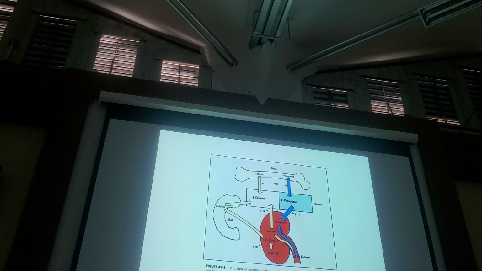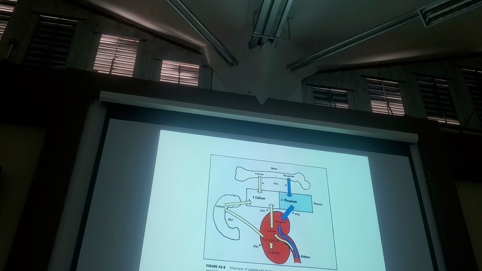Because the phosphate and the calcium are bound in your hydroxyapatite, they are together. So there is no way you can separate one from the other. So once there is osteoclastic activity, both of them are released.